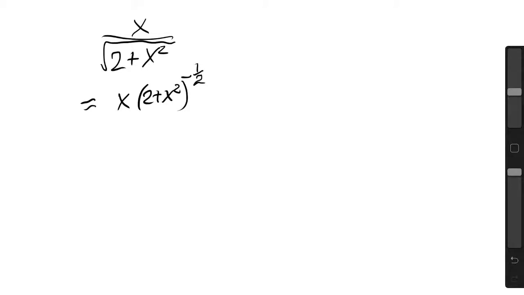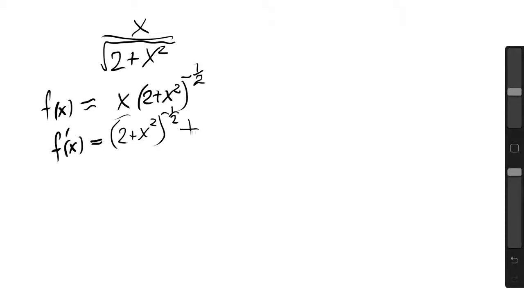So we've got this. Now we want to do the derivative. So f prime of x, we can use the chain rule. The first part would just be differentiating the x and leaving the bracket, so we have 2 plus x squared to the minus a half. That is the first part. Then we add the second half of the chain rule.